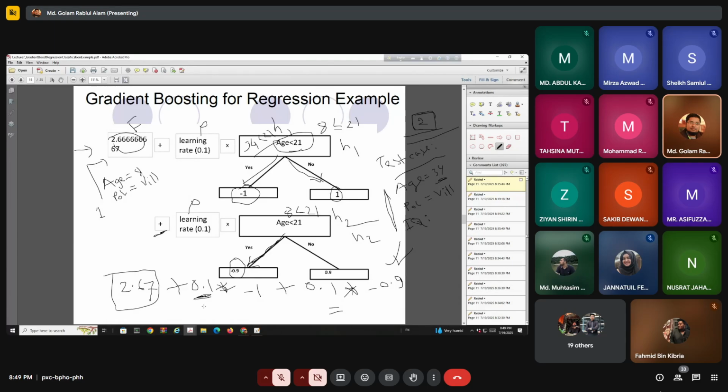Here is 1, so we can say it will be positive. And then again plus learning rate, again 0.1. Again here is 34 less than 21. Is it true? False. So we have to move in this direction. Then this is 0.9.